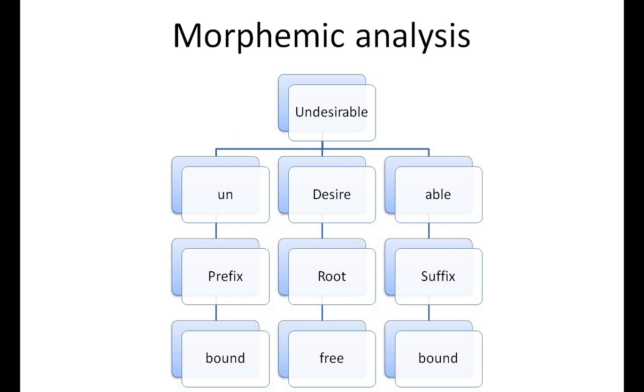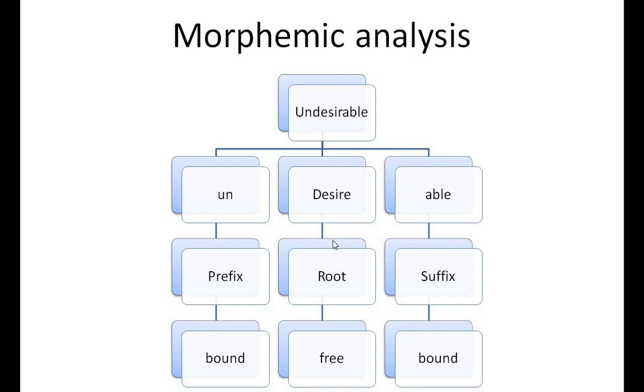See how many morphemes are there. There are three morphemes. Number one is un, second is desire, and third is able. So desire is a root word. It can stand alone and it has a meaning, and with the sounds it is producing, it is conveying a specific meaning.